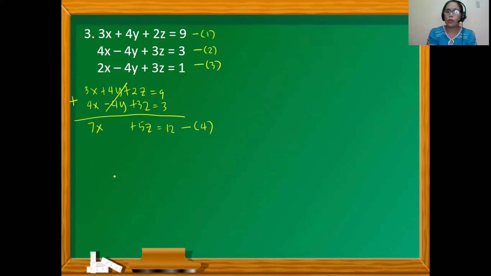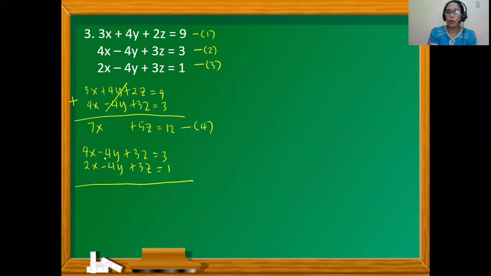And then we're going to take the second and third equations. So we have 4x minus 4y plus 3z equals 3, and then we have 2x minus 4y plus 3z equals 1. Now, since we eliminated y in the fourth equation, we have to eliminate y here also.